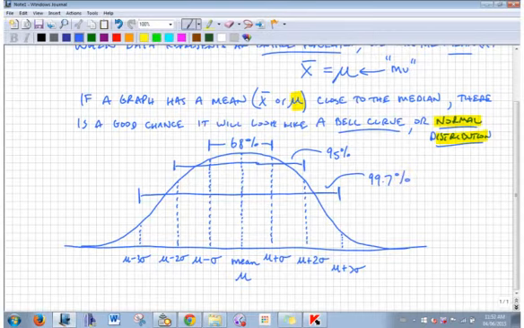So how much data is not contained within 3? Don't do this on yours, because I'm going to get rid of it. That's 3 standard deviations above and 3 standard deviations below the mean. How much is not contained in there? What's 100% minus 99.7? 0.3% of the data is outside of 3 standard deviations.